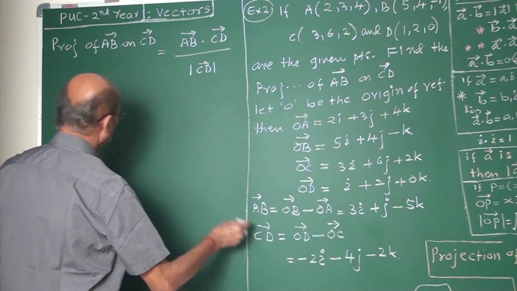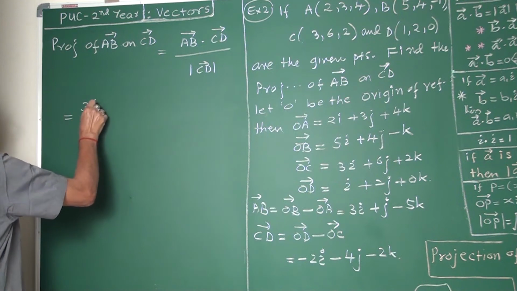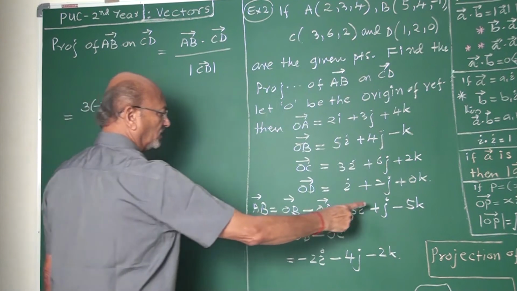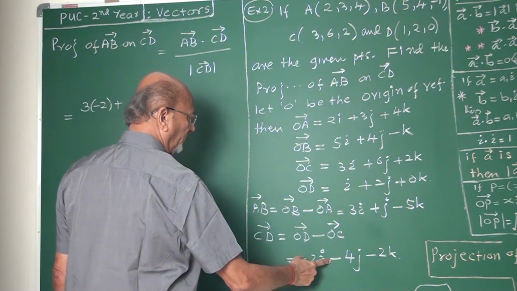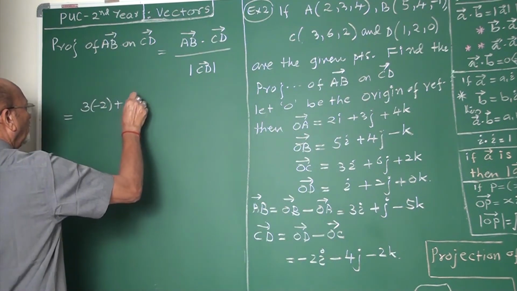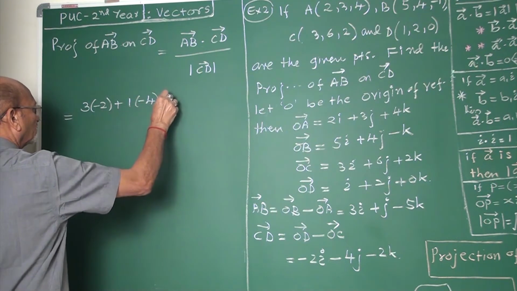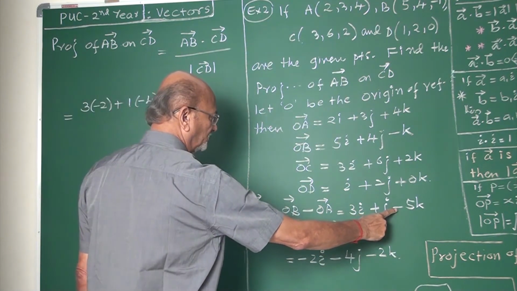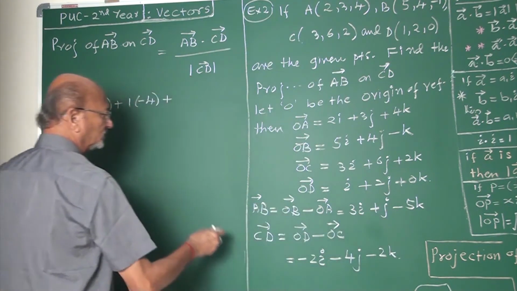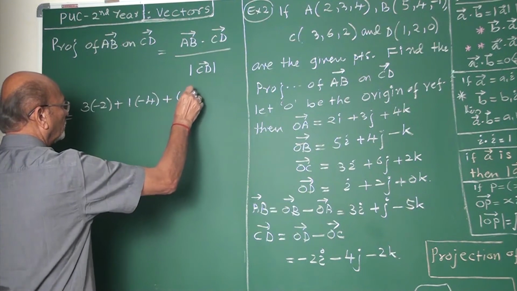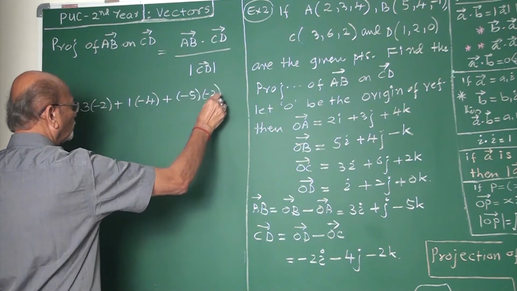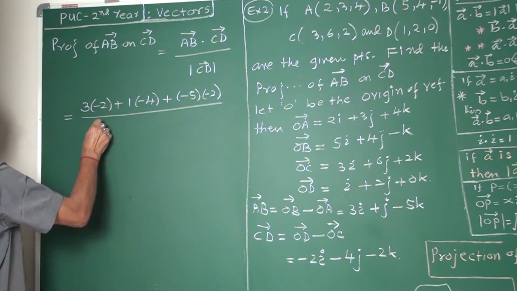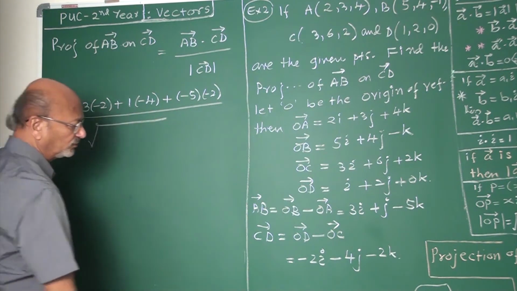3 into minus 2 plus 1 into minus 4 plus coefficients of k, minus 5 into minus 2. Denominator is magnitude of CD.